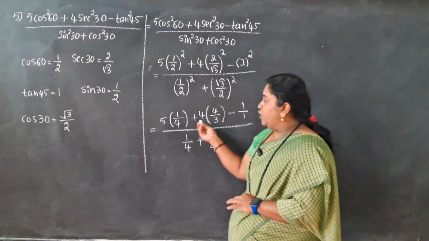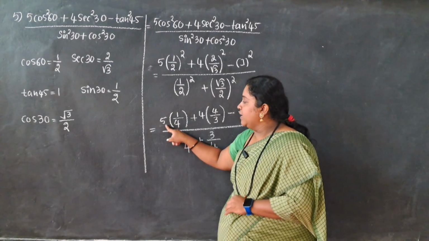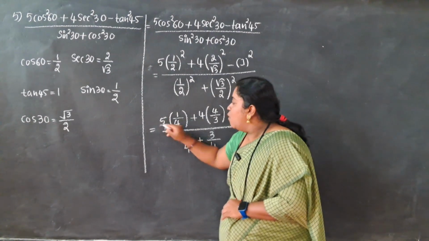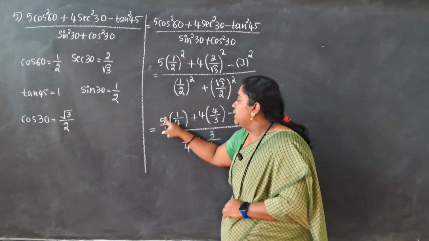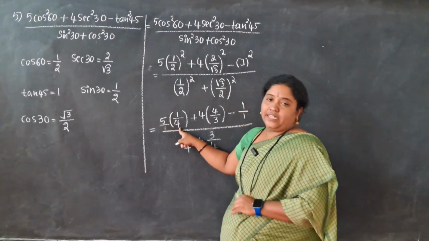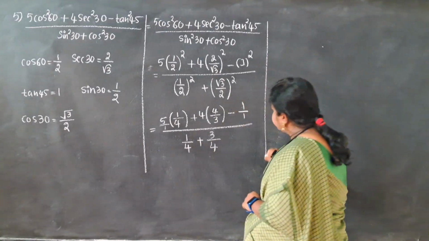Now dear, I told you in the previous questions, whenever multiplication is there, if nothing is present in the denominator, 1 will be there. And how do we do fraction multiplication? Numerator into numerator, denominator into denominator. See here, I'll be writing.